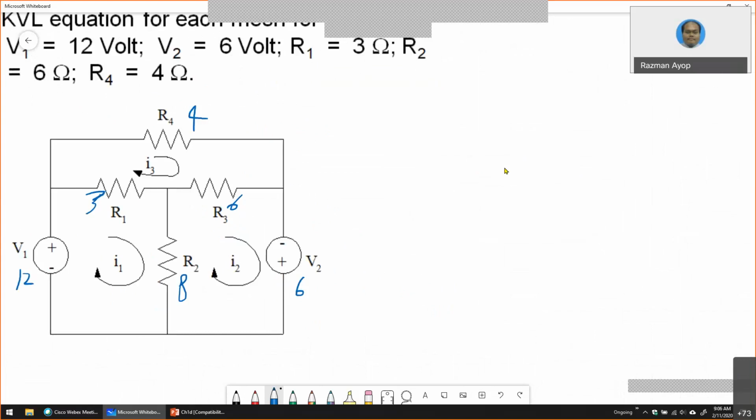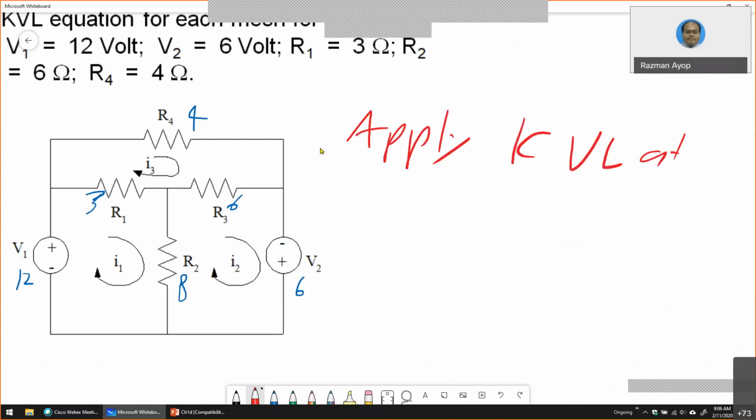When you do mesh analysis or loop analysis, what to do first is apply KVL at I1. Actually, this is the second step. The first step is to assign the loop current or mesh current.